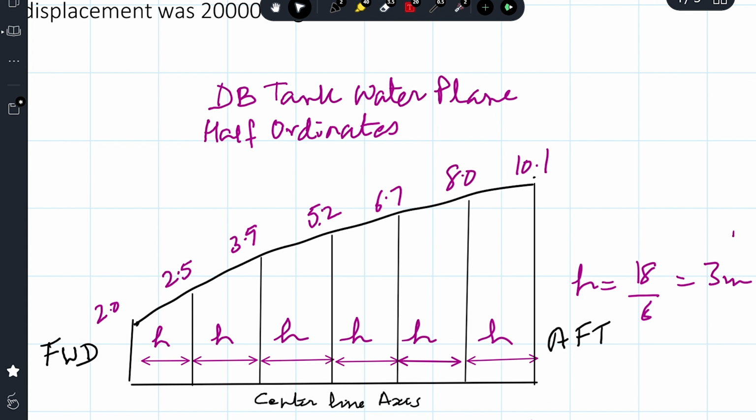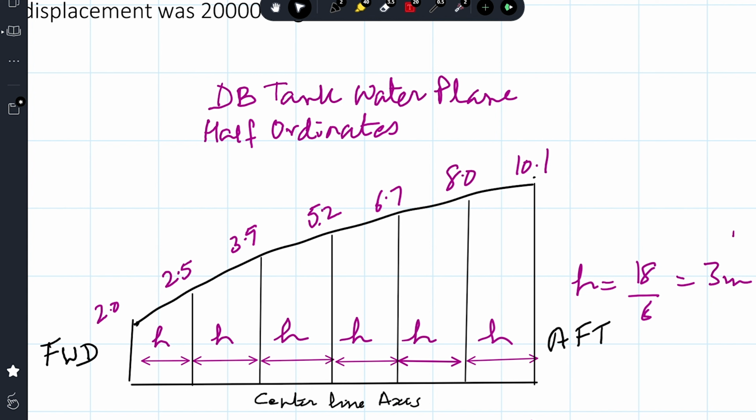Now for finding the KG fluid, we need the free surface moment, and free surface moment, we know, is the moment of inertia of the tank about its center line multiplied by the density of the liquid in the tank. So we need to find the transverse moment of inertia about the center line of the tank, because the free surface moment takes place when the ship is rolling and there is transverse shift of the liquid inside the tank to one side.